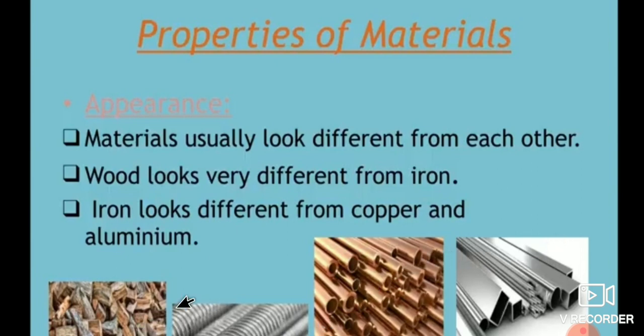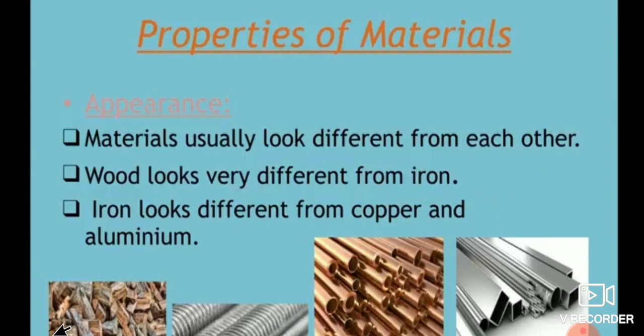Wood looks different from iron, iron looks different from copper, and copper looks different from aluminium. In this way, the appearance of each material is different. Therefore, materials usually look different from each other.